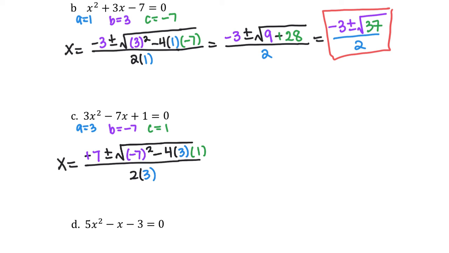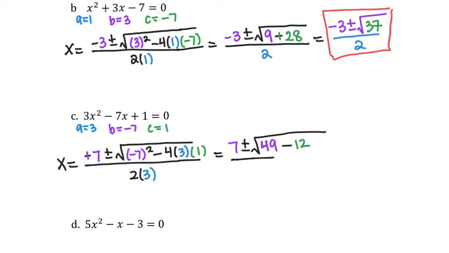Okay, let me simplify this carefully. So that was +7 plus or minus, and then inside the radical, -7 squared is -7 times -7, which will make it a +49. When we square, we always get a positive. Minus 4 times 3 times 1. 4 times 3 is 12. 12 times 1 is 12.